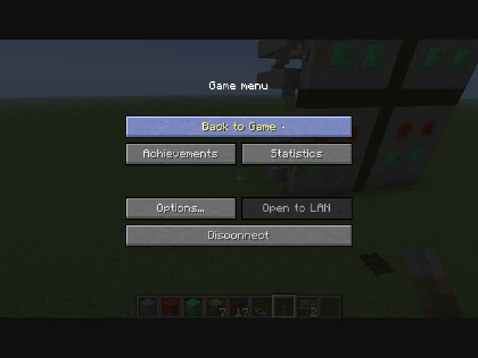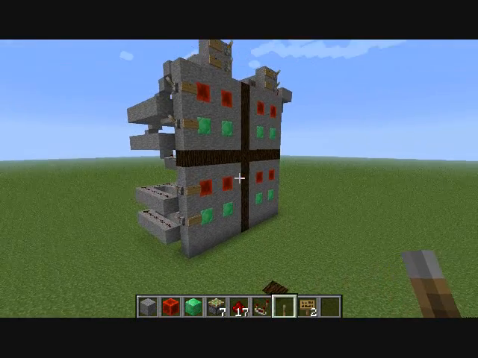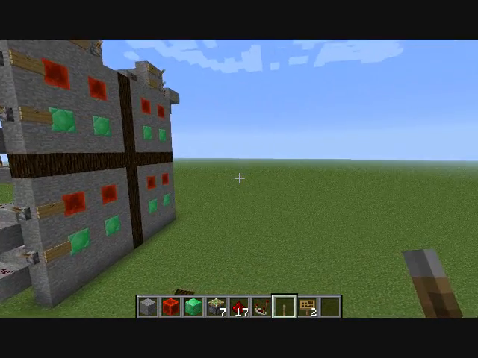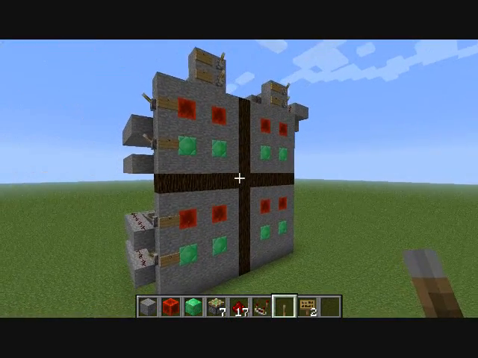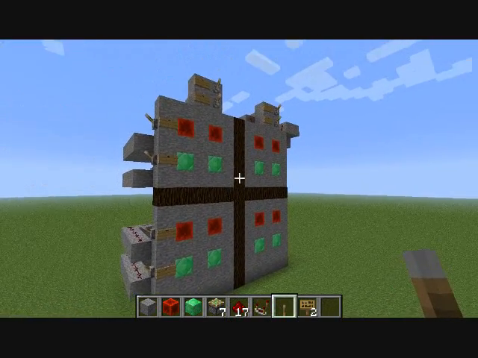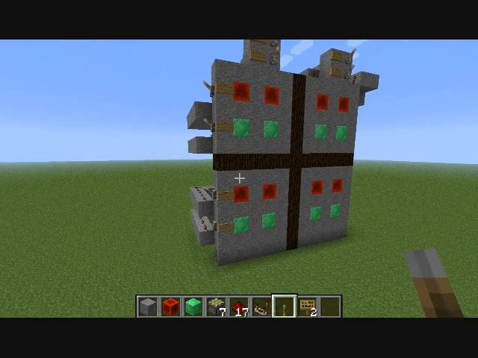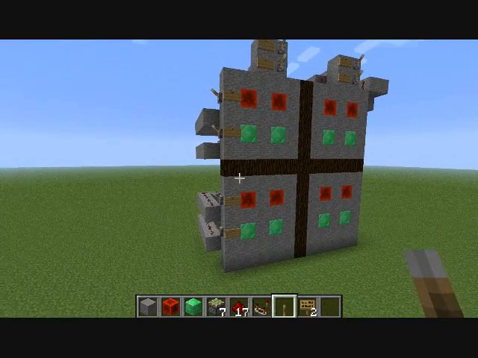Okay, so if we come over to Minecraft, we're going to make a Punnett square calculator in Minecraft. So what you can see here is the front part of our calculator. So this is the frame like we would have if we wrote out a regular Punnett square.